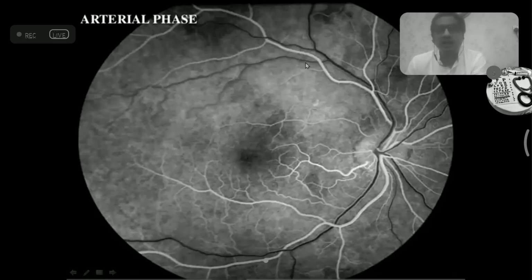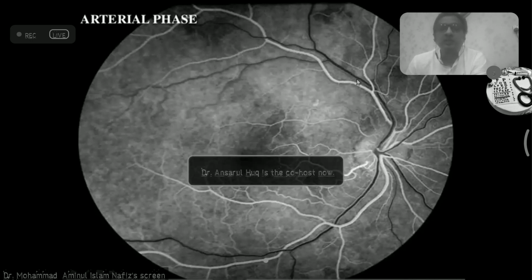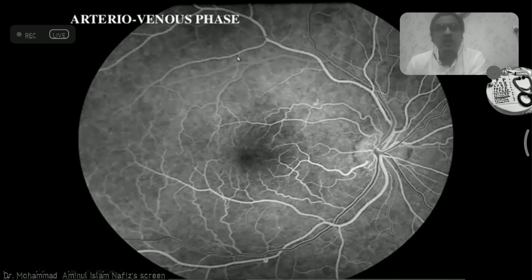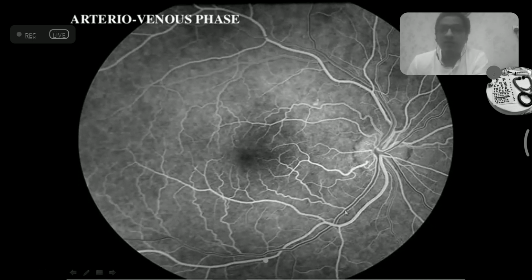Then the arterial phase, with only arteries filling and no venous filling. Then the arteriovenous phase, which is again important. Here laminar flow is seen, with the axial stream in the veins in the arteriovenous phase.